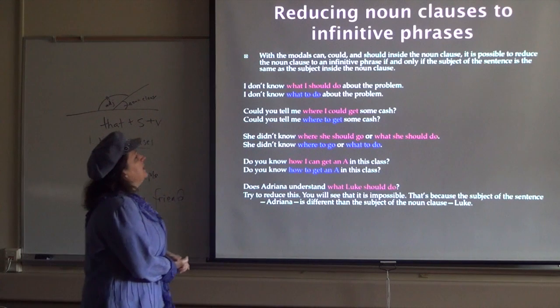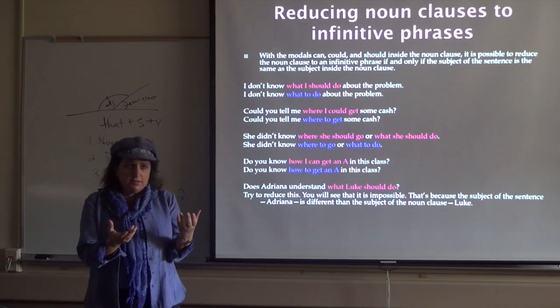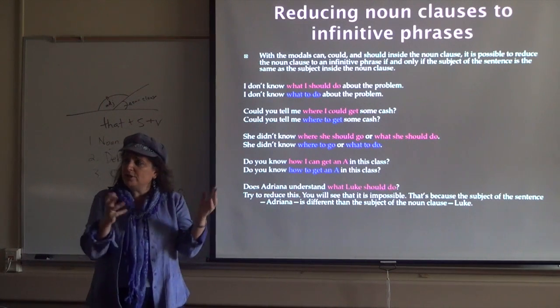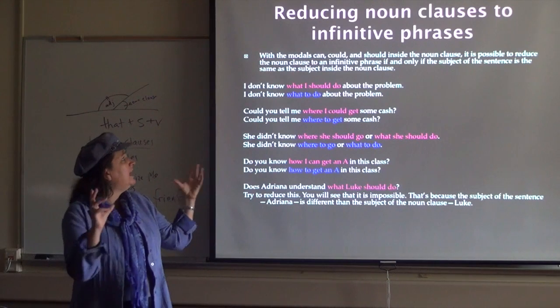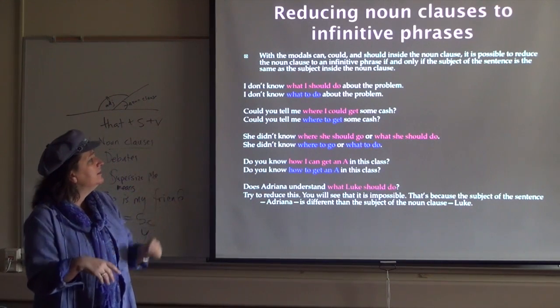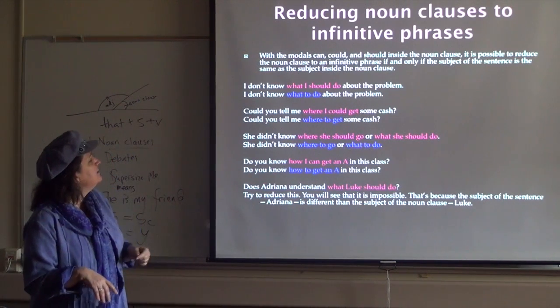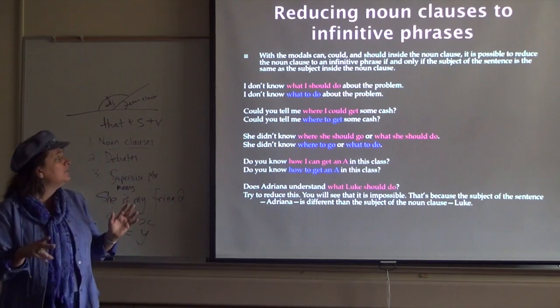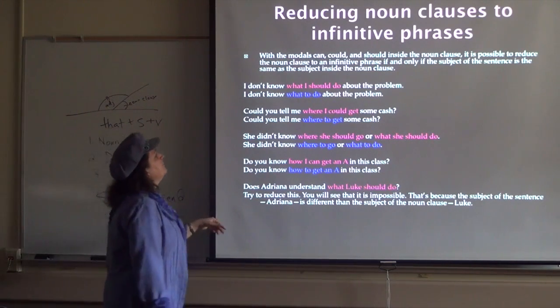With the modals can, could, and should inside the noun clause, it's possible to reduce the noun clause to an infinitive phrase, if and only if the subject of the sentence is the same as the subject inside the noun clause. That's a lot of words. Let me give you the examples.